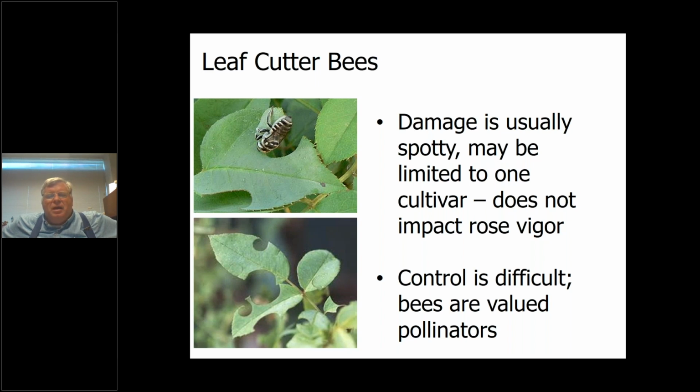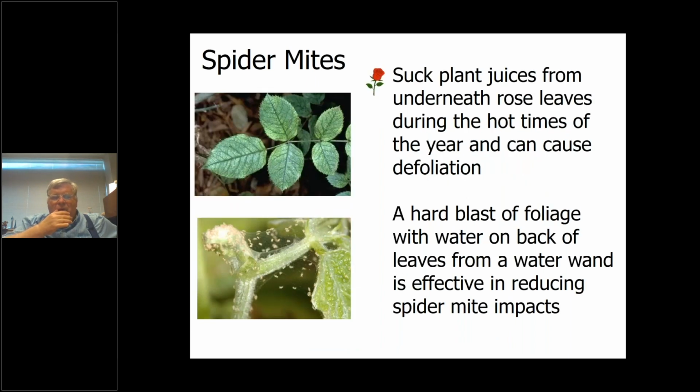You know what's interesting is, as Rosarians, we stand back in horror. I don't really. I always just love how good they are. I mean, they can cut a circle better than you or I can with a pair of scissors. And that always amazes me. But they don't really hurt the vigor of the bush. So this is not something that I spend a lot of time on.